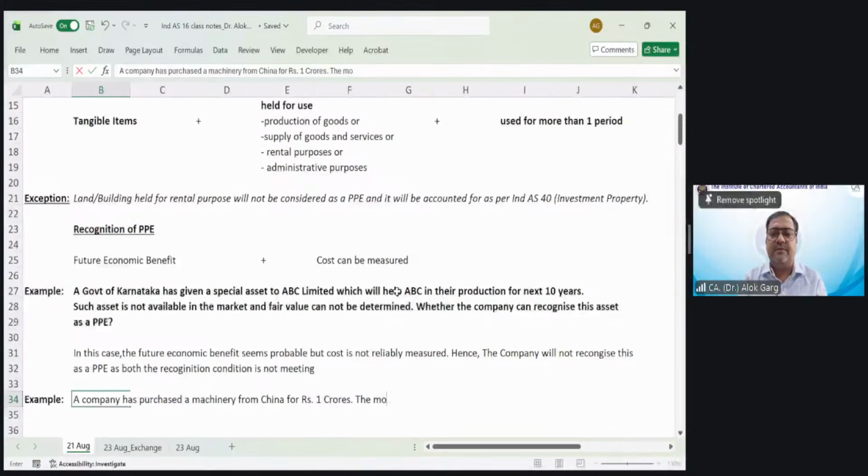The moment the machine arrived in the factory, the Indian government banned the output from this machinery.